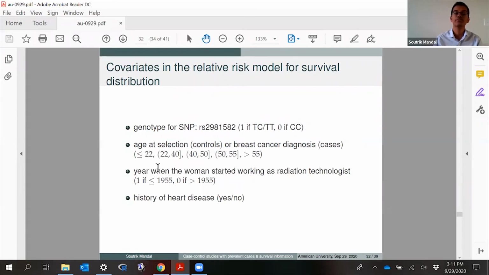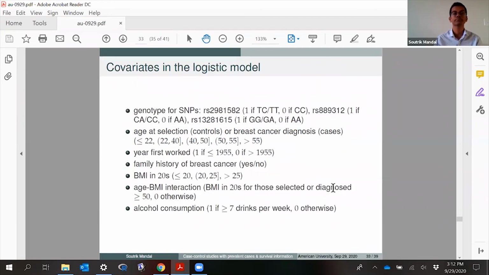This was coded into 5 categories: less than or equal to 22 years old, between 22 and 40, and so on. We have the year when the woman started working as a radiation technologist, also coded as 0-1, depending on whether they started working prior to 1955 or after. We have history of heart disease, which was a yes or no response.